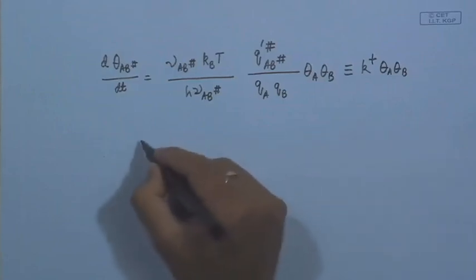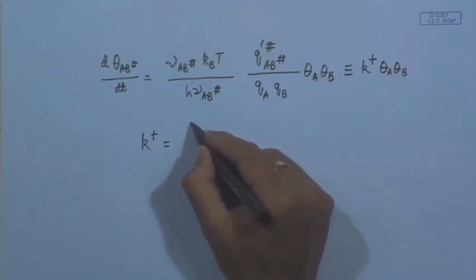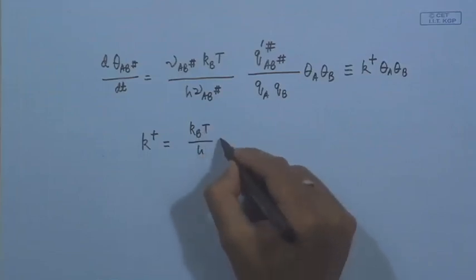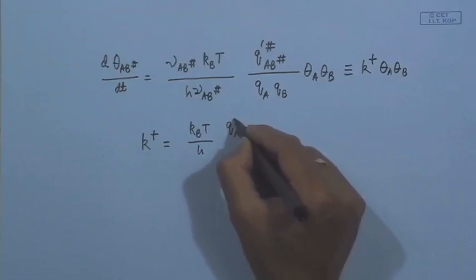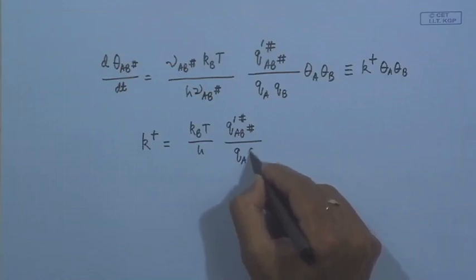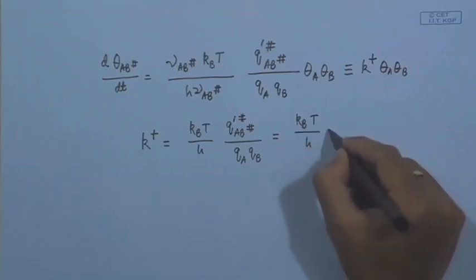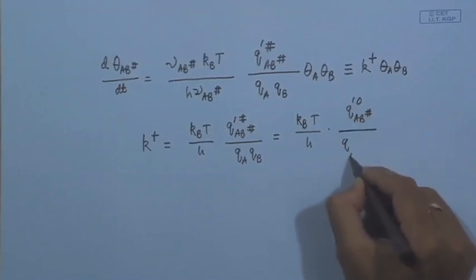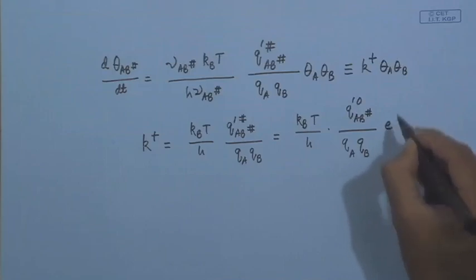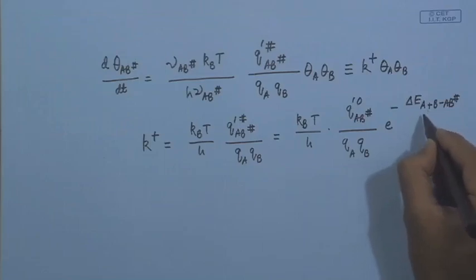So, basically K plus is equal to kB T divided by h times, because these two will get cancelled, Q AB primed divided by QA QB, which is equal to kB T by h times Q AB prime 0 divided by QA QB times exponential to the power minus delta E, A plus B minus AB double dagger, divided by kB T.